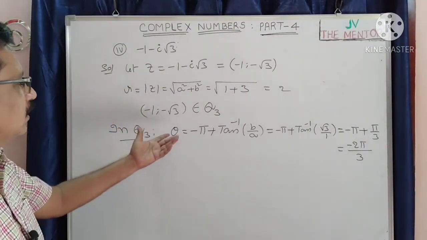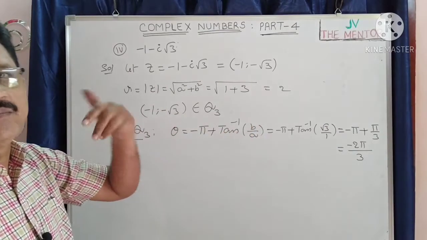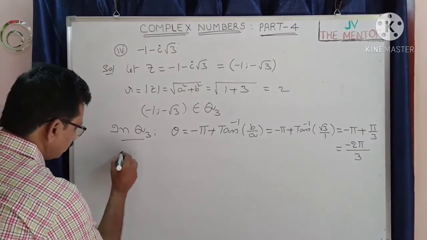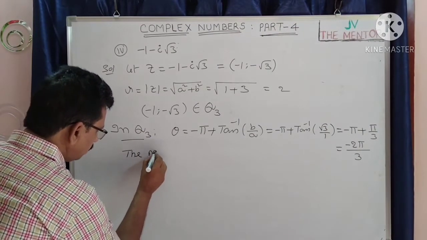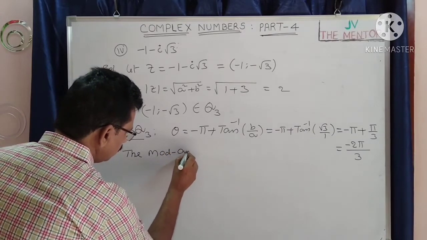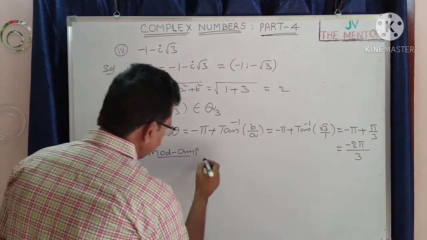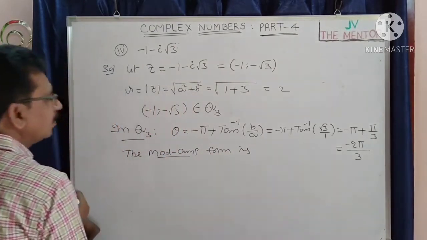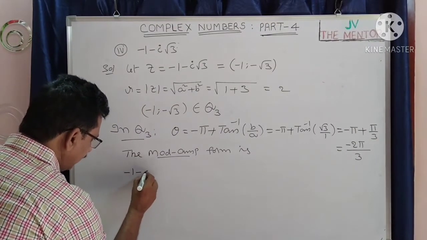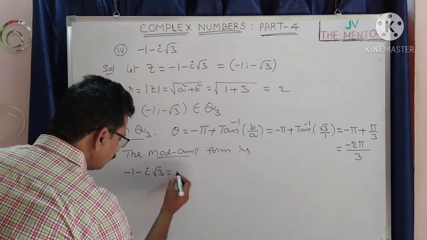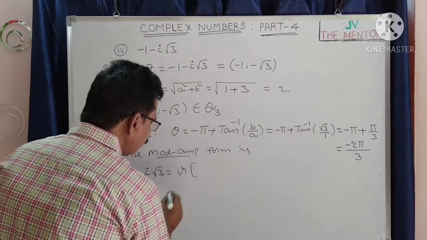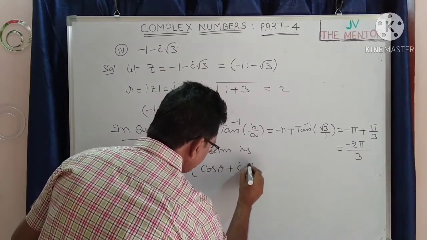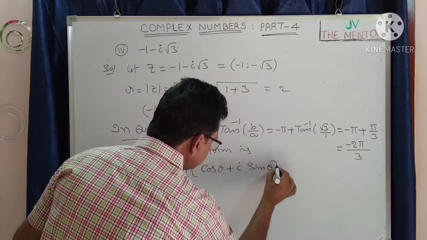Now substitute the values of r and theta in the modulus amplitude form, that is r into cos theta plus I sin theta. Therefore, the modulus amplitude form is minus 1 minus I root 3 equal to r into cos theta plus I sin theta.